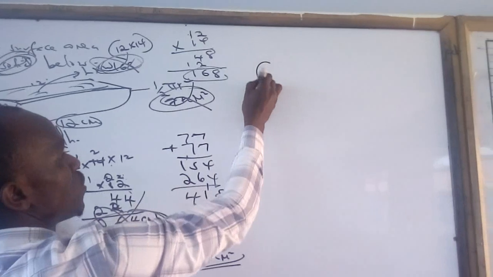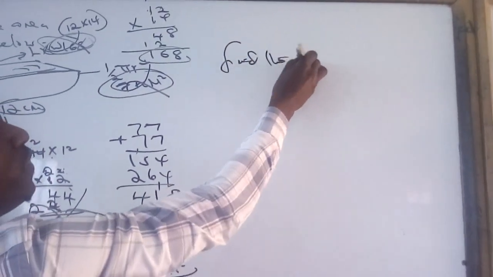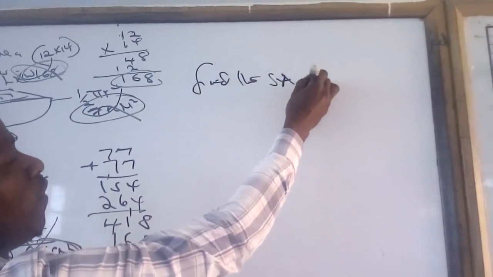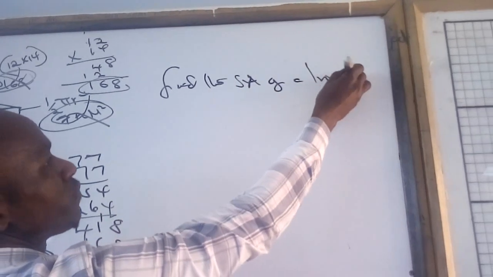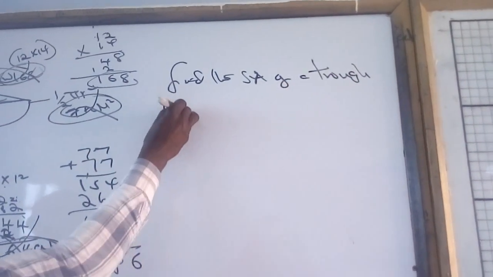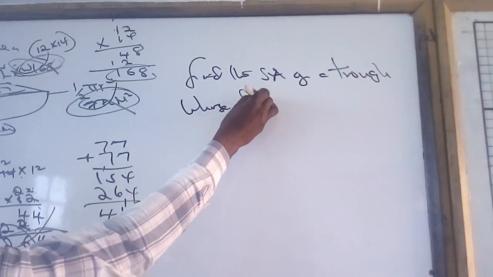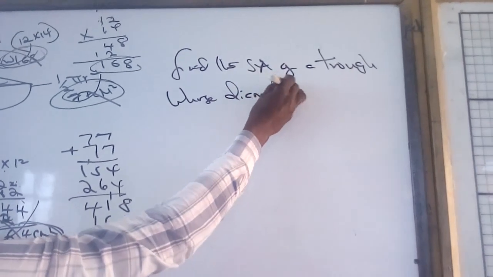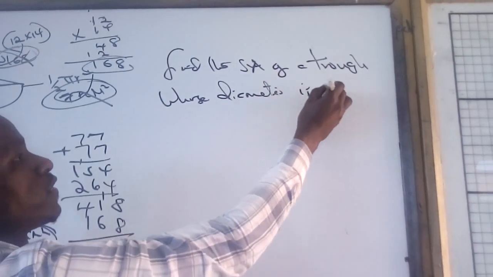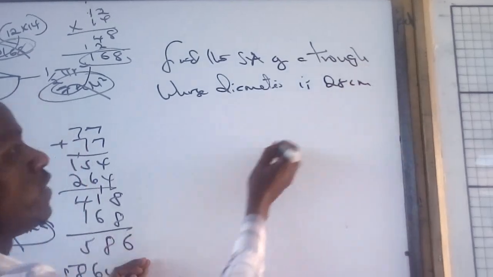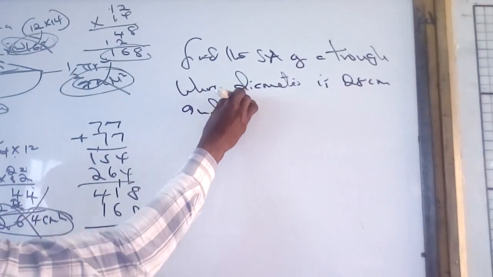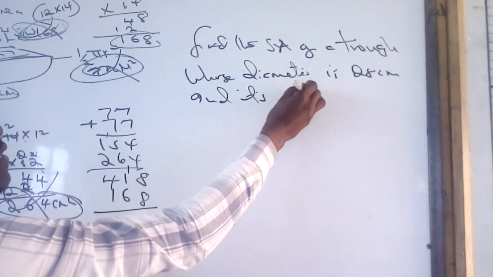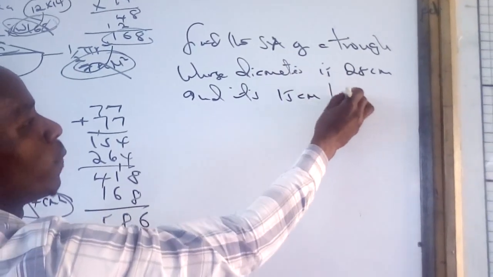You are told the last one, we find the surface area of a trough whose diameter is, for example, we can be given here 28 centimeters and it's 15 centimeters long.